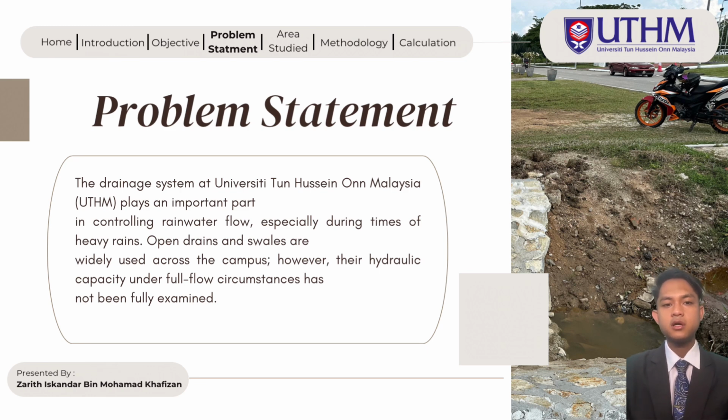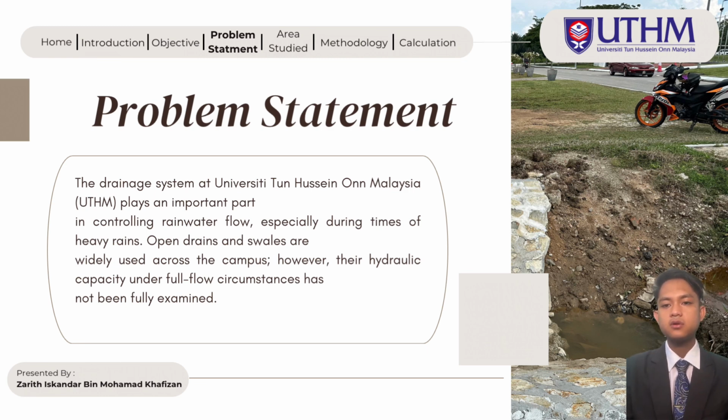To correctly assess drain performance, important factors such as drain size, slope, flow velocity, and roughness coefficient must be considered. Therefore, this study aims to measure the capacity of chosen drains across the UTHM campus by performing hydraulic analysis to ensure the present system can handle the planned flow rates.